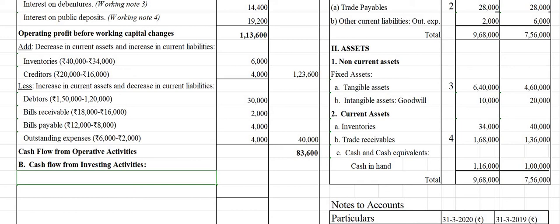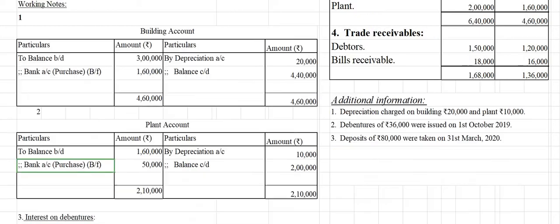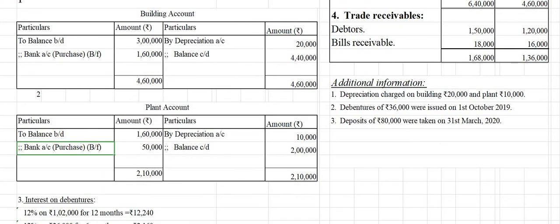So let us see, we have prepared two asset accounts. So those things we have to see first. Building account, you know that here bank purchase is there, so that we can write, and after that we will be writing plant purchase 50,000. These two items we can write.